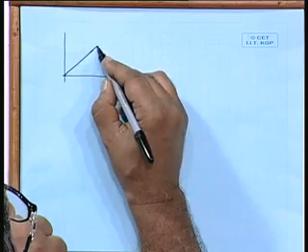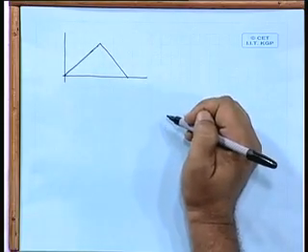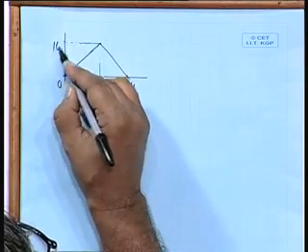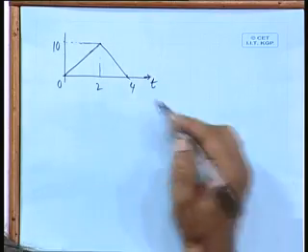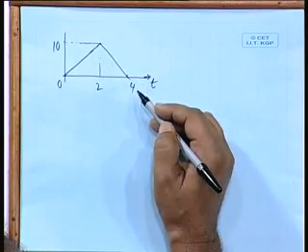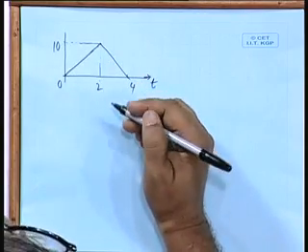What would be the representation of this? Suppose this is 2 seconds, this is 4 seconds and this is say 10. What would be the representation of this? This is having a slope of again 10 by 2, 5.